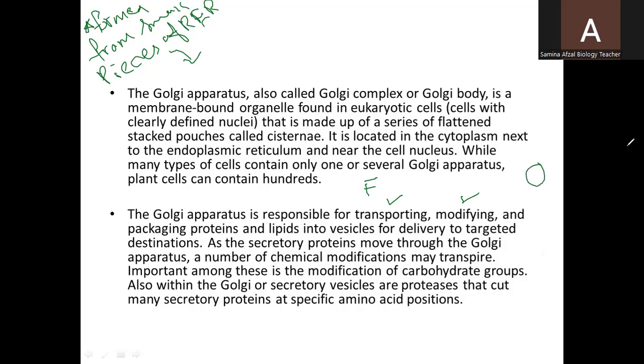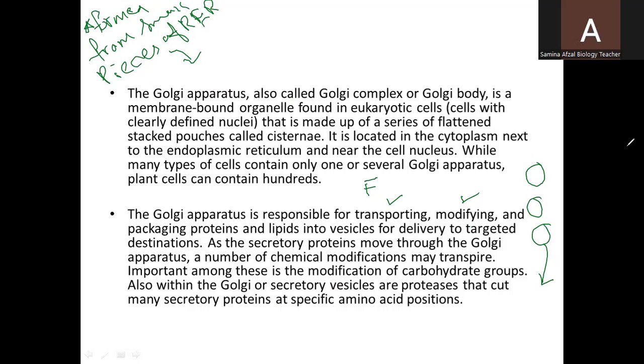In the form of vesicles, they will take them to the place where they have to be distributed. If they have to be released out of the cell, they will go very close to the cell membrane to go out through the cell membrane by the process of exocytosis, or they will be used inside.